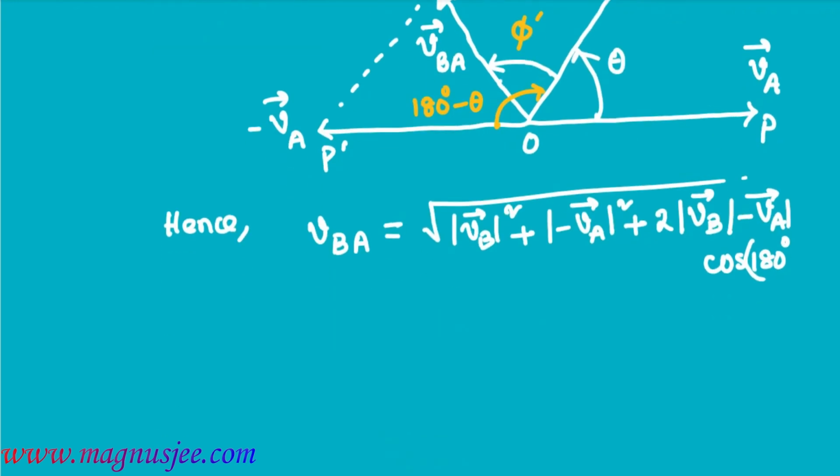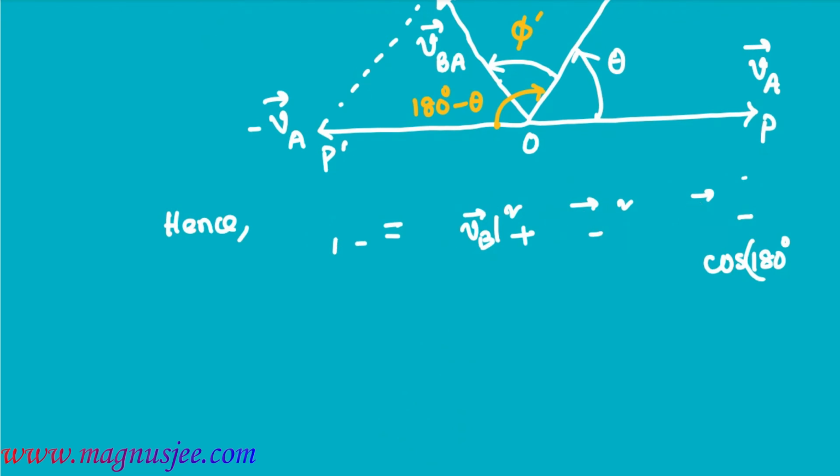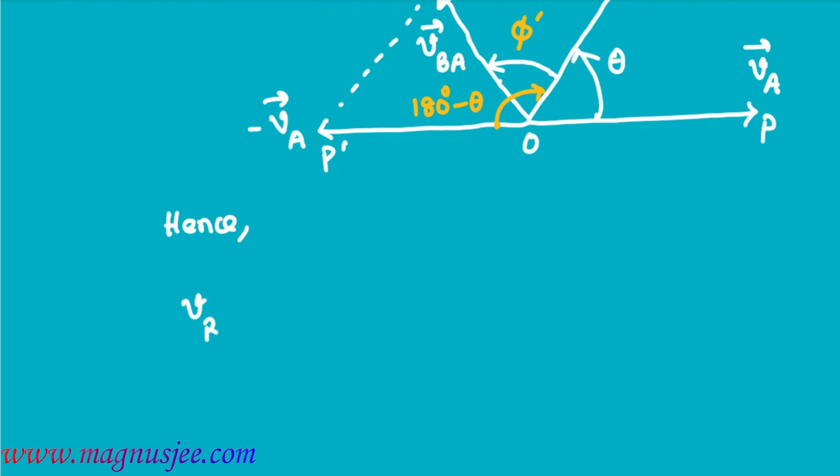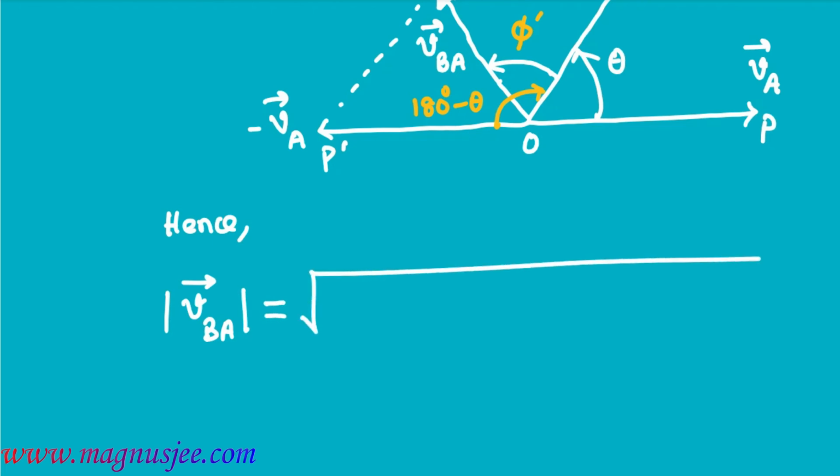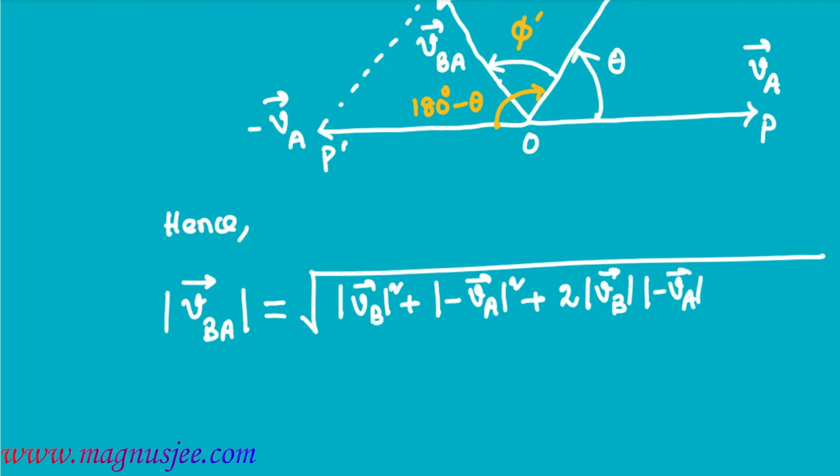The earlier expression was incorrect, so we have to write minus vector VA. We can erase this line to write the expression perfectly.